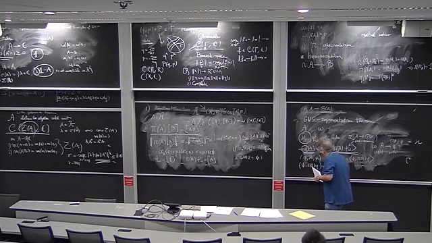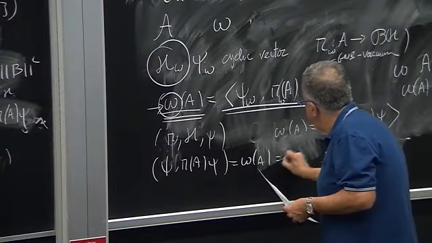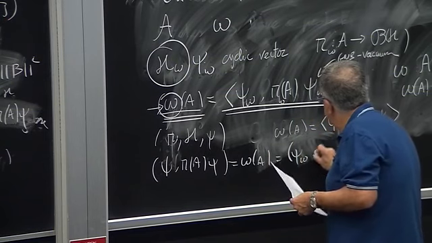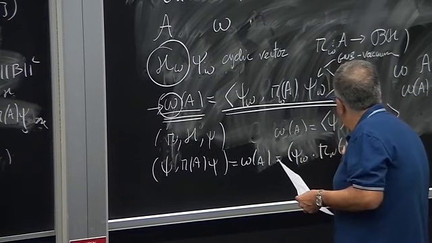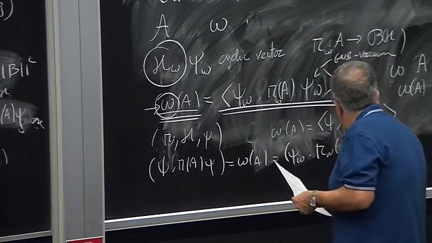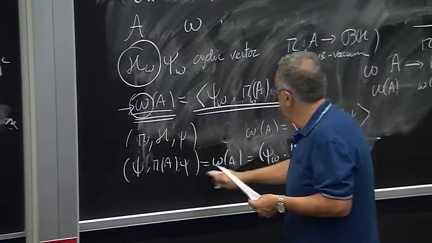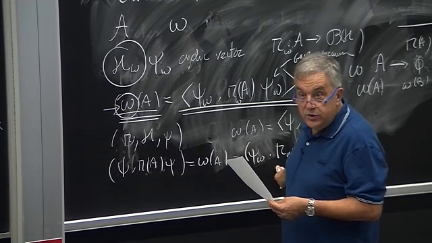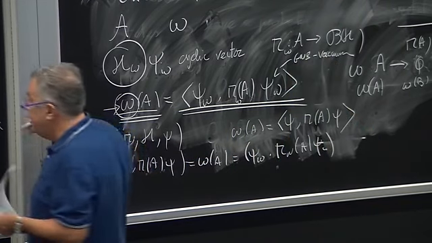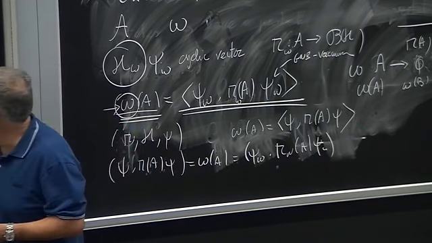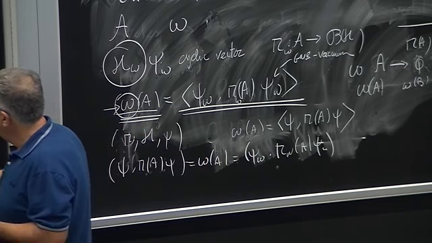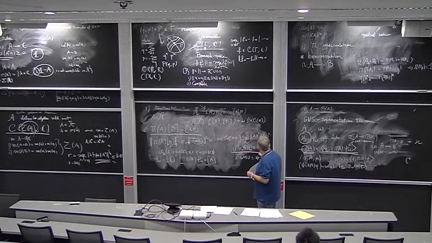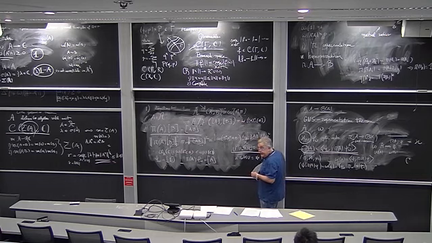This is omega of A, which is also the expectation value in the state psi. This is the key point. They do have the same expectation values. So this operator, because they do have the same expectation value, is unitary.